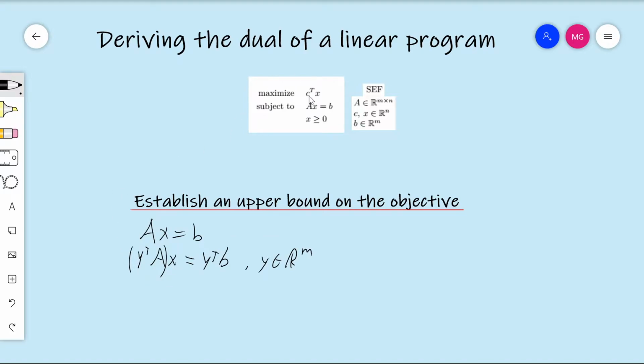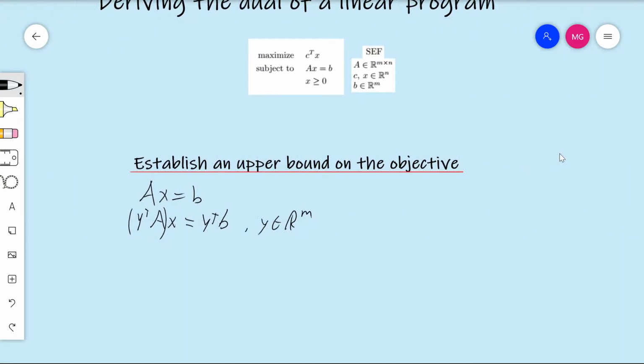We have a row vector, c transpose, times x, and that gives us the objective function. So if y transpose A is larger than c transpose, then ideally that means that this overall value, y transpose Ax, is larger than the objective function. Let me just write that down. If y transpose A is greater than or equal to c transpose, then we can establish an upper bound.